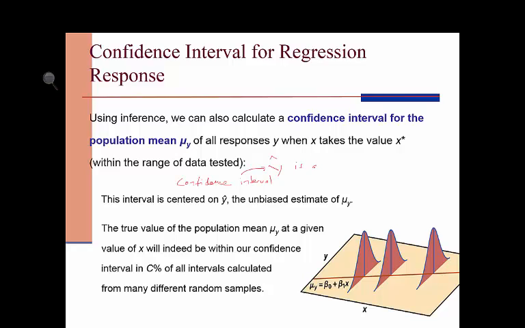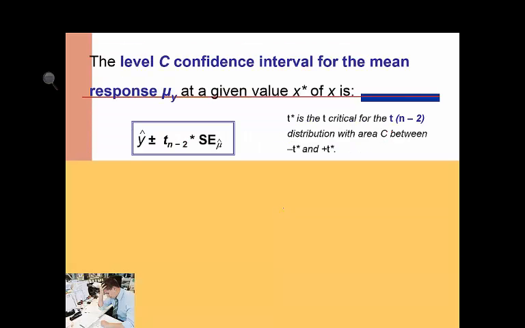is an interval on average y for a particular x variable. And it's computed as y bar plus or minus t critical times the standard error of the output.